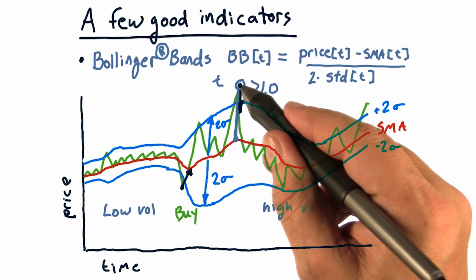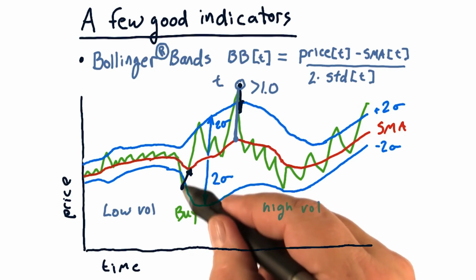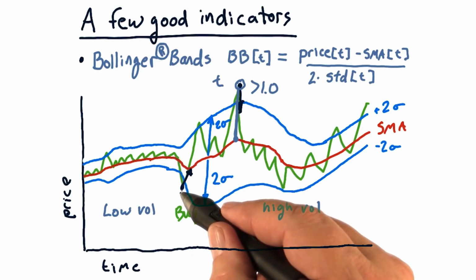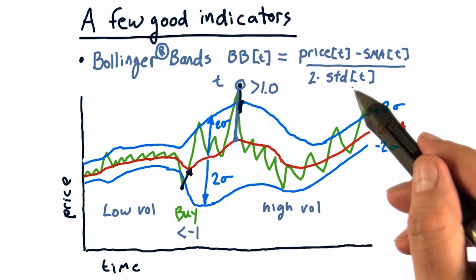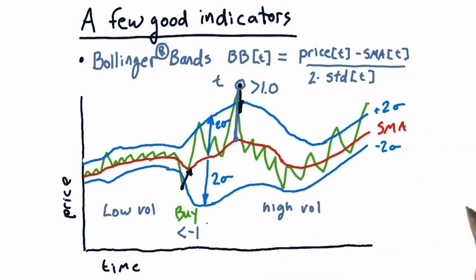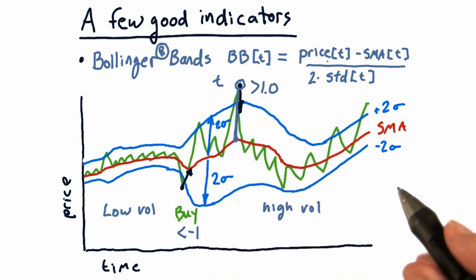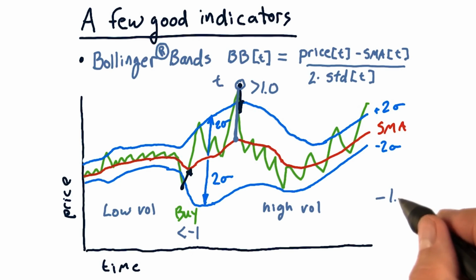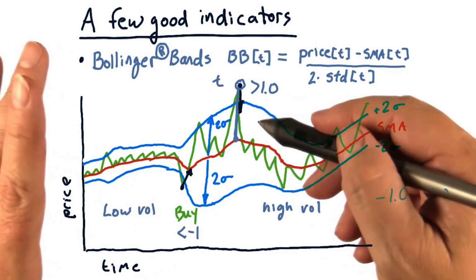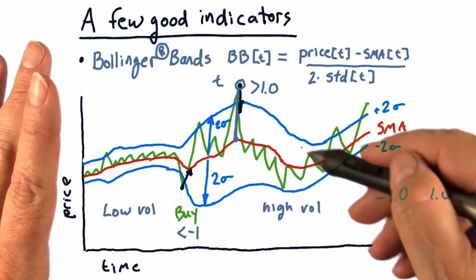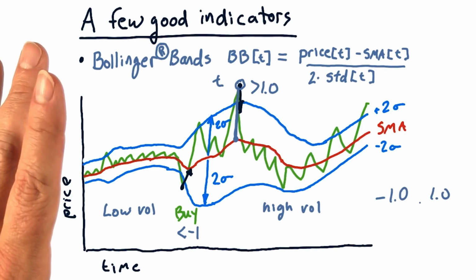It's greater than 1 here. Similarly, down here, we would have a value less than -1, because the price excursion is more than 2 standard deviations below. So we typically expect to see values for this Bollinger Band calculation to be between -1 and 1. In other words, most of the time the stock is going to be between those bands, but occasionally we'll see excursions above and below those values.